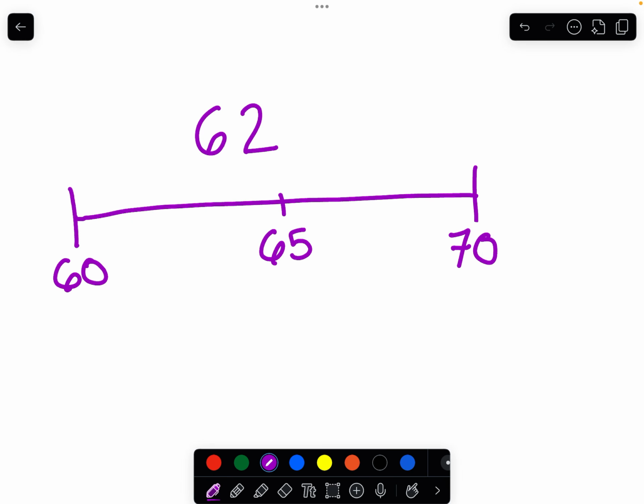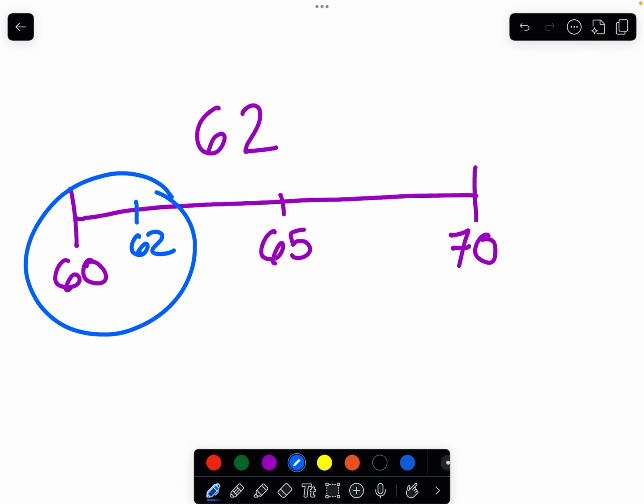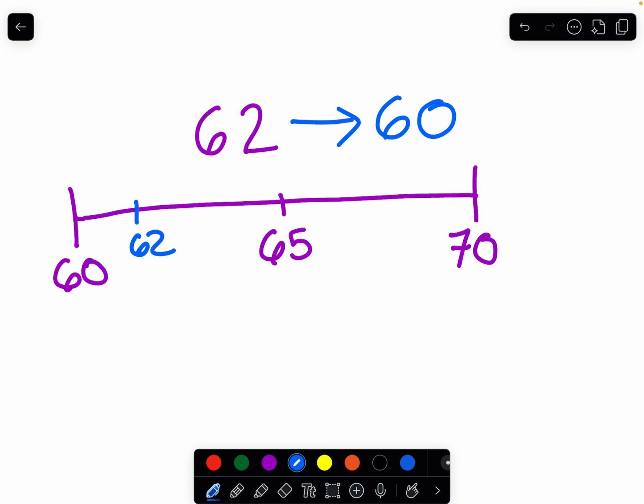Now where would 62 be roughly? Well, if I had to say it, I would say 62 is about there. Is it closer to 60 or is it closer to 70? Well, as we can see, it's definitely closer to 60. So 62 rounded to the nearest 10 is 60.